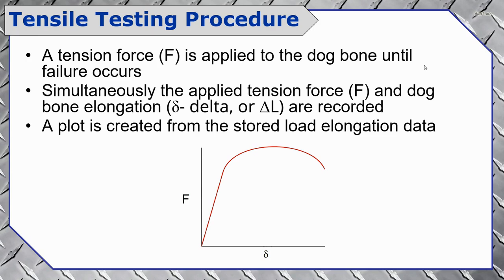After a certain point, it stops being linear and it really takes off, stretching more with a relatively small increase in force. So one of the key pieces of this lesson is going to be understanding this curve and really digging into how to read and understand it and interpret it to learn more about the materials being tested.